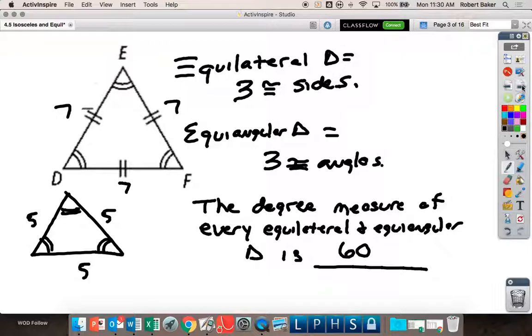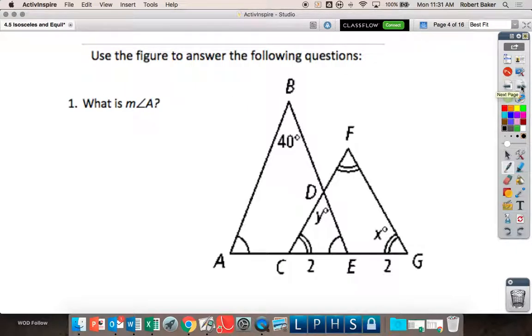So equilateral triangles are isosceles triangles, but isosceles triangles are not equilateral triangles. It's going to be more of a see and speak type deal. So we go through some basic representations. It says, do you have the ability to solve for the measure of angle A?